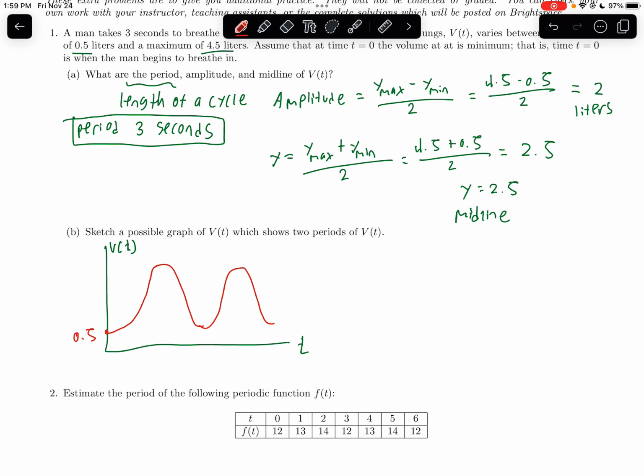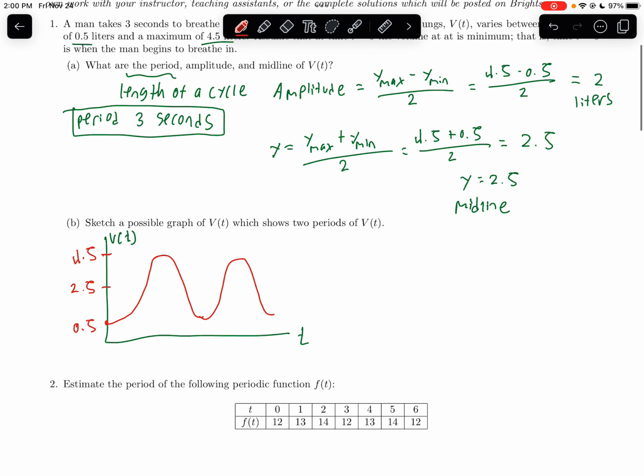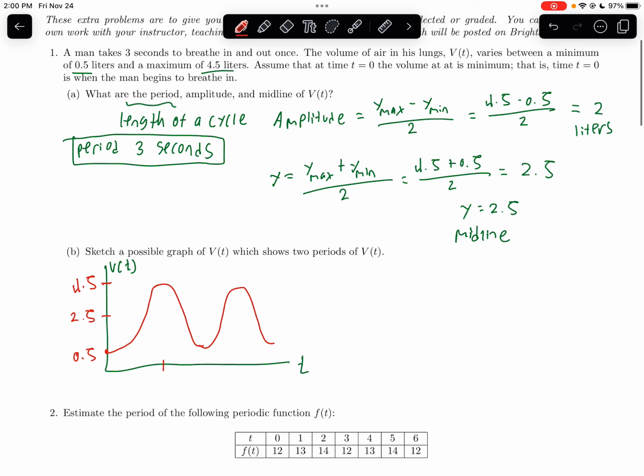And the maximum value here is 4.5, and the midline is the middle, right? And this is 2.5. So that's like the equilibrium value, and then this maximum occurs, well, this is at 3 seconds, because that's the cycle length, that's the period.